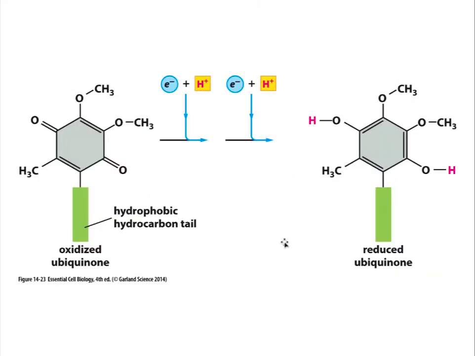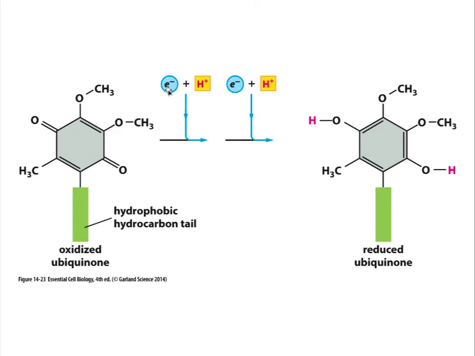Let's take a second to look at the ubiquinone molecule. Only the top part of the molecule is of interest to us. The rest of the molecule is down here, and that's your hydrophobic hydrocarbon tail, and you can look at that in another textbook. So this ring structure here is where the electrons are either relayed from one protein complex to the other, or this is where FAD unloads its cargo.